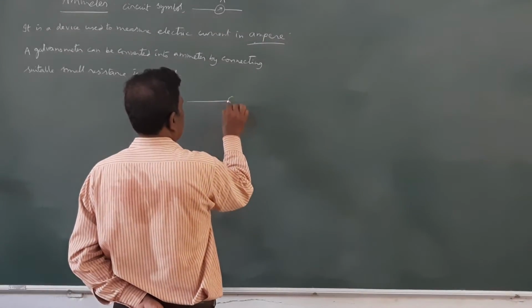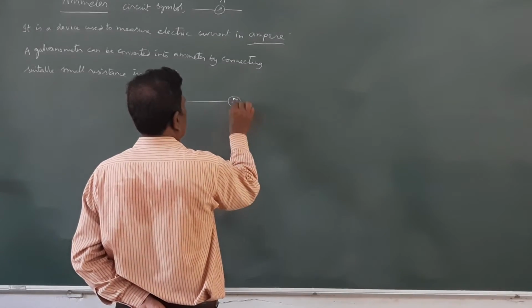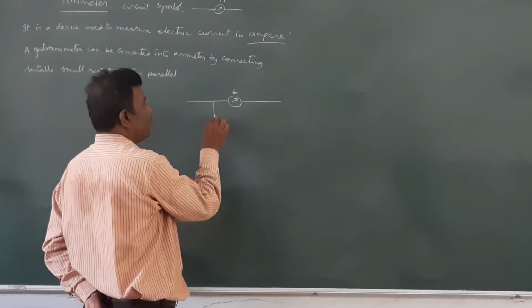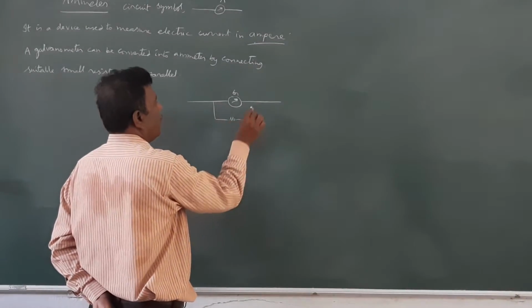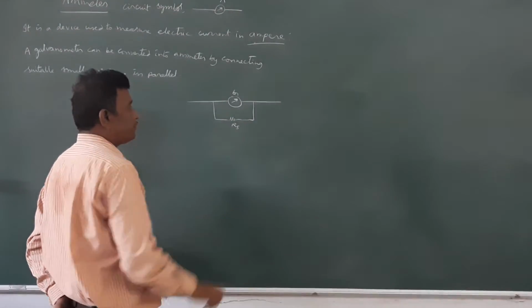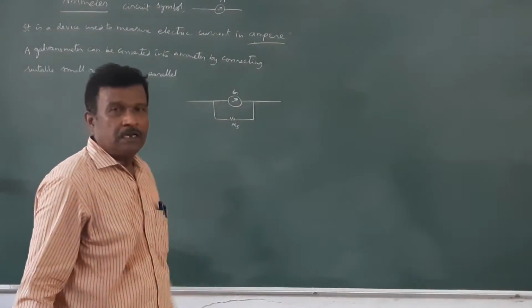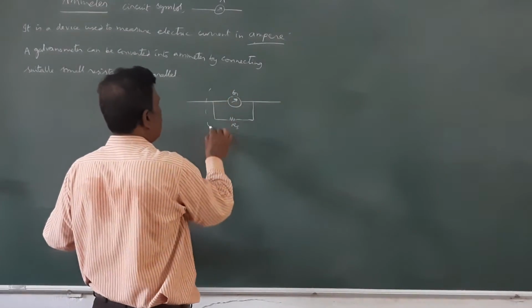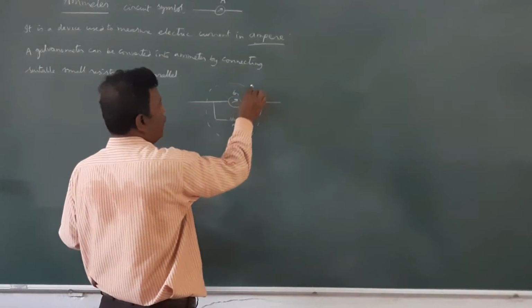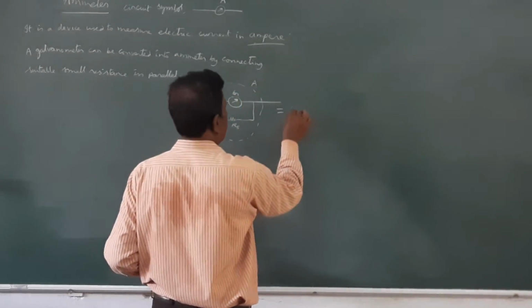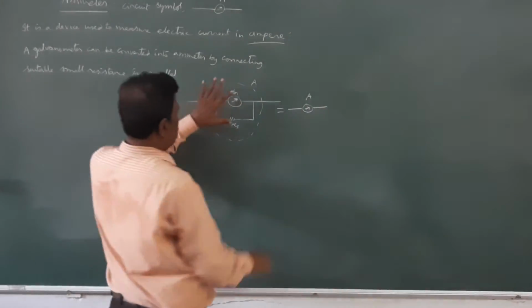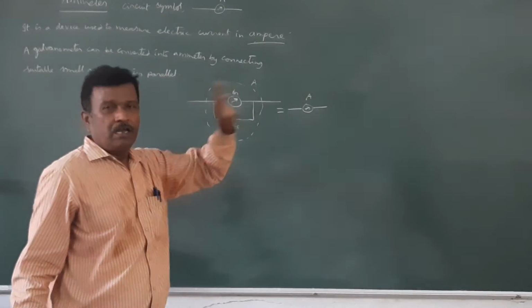Suppose this is the galvanometer. If we connect a suitable small resistance parallel to it, that is called shunt resistance, then this galvanometer will be converted into an ammeter. The shunted galvanometer is called an ammeter. This entire device is called an ammeter.